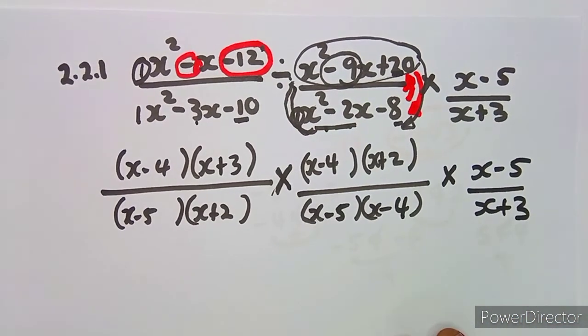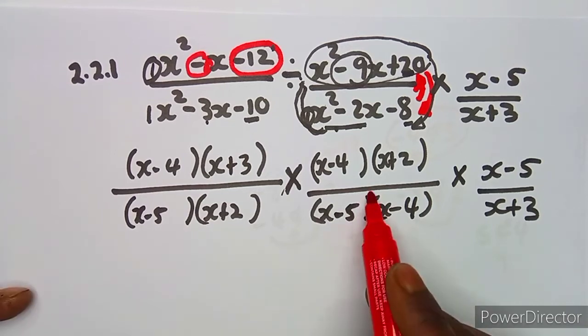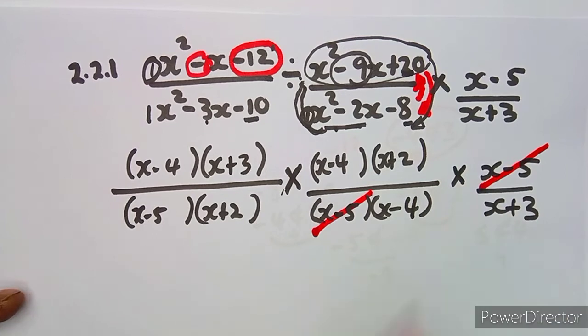So as long as you have managed to factorize like this, guys, then you can cancel as long as it is the numerator and the denominator. So the relationship is between the numerator and the denominator. Like this, x minus 5 is in the denominator, this is in the numerator.